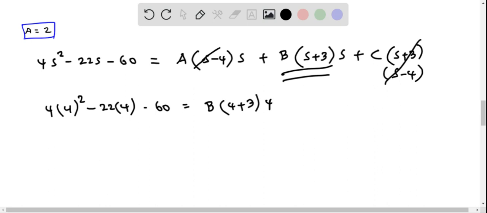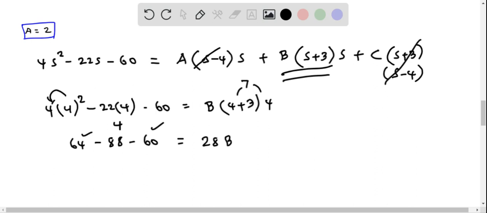So 4 squared is 16, and 16 times 4 is 64, minus 22 times 4 is 88, minus 60, and this equals 4 plus 3 is 7. 7 times 4 is 28, so this is 28B. Now this equals 64 minus 60 is a positive 4, and then 4 minus 88 is negative 84.